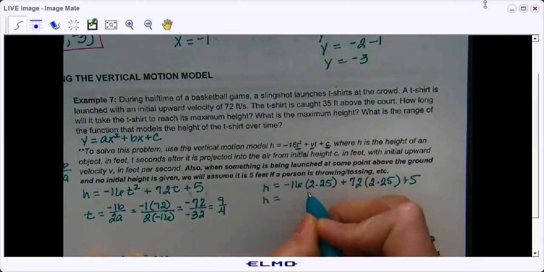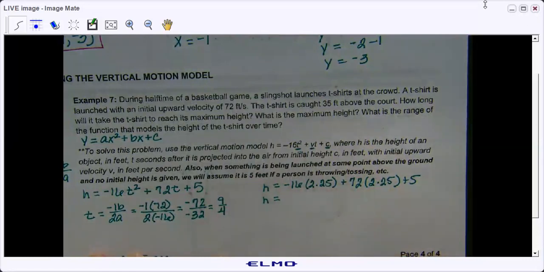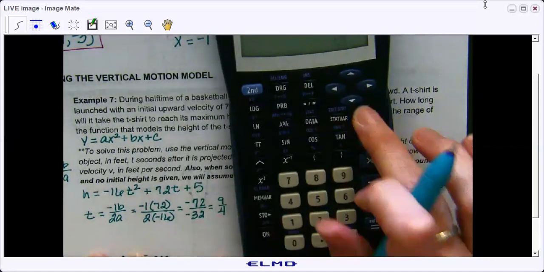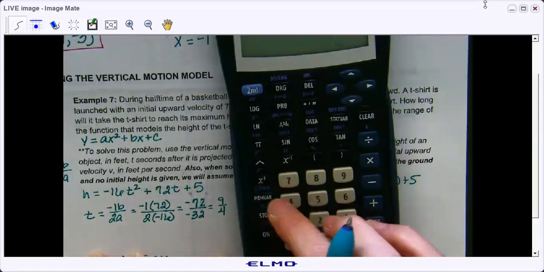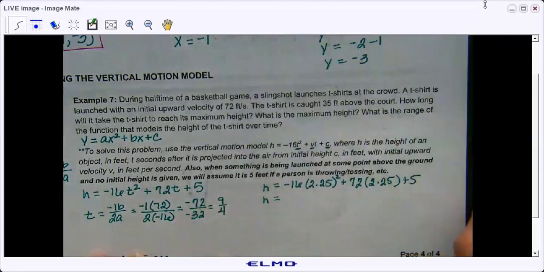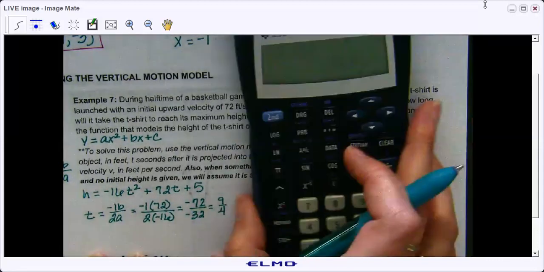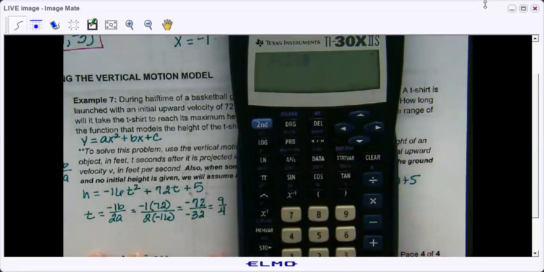Is that right? Oh, I have to square 2.25. I'm so sorry. I'm like, that does not sound right. Sorry. 2.25 squared. Okay. And then I'm going to take that and I'm going to multiply it by -16.